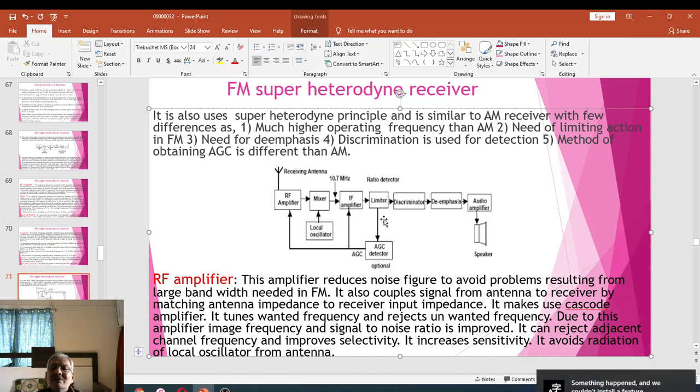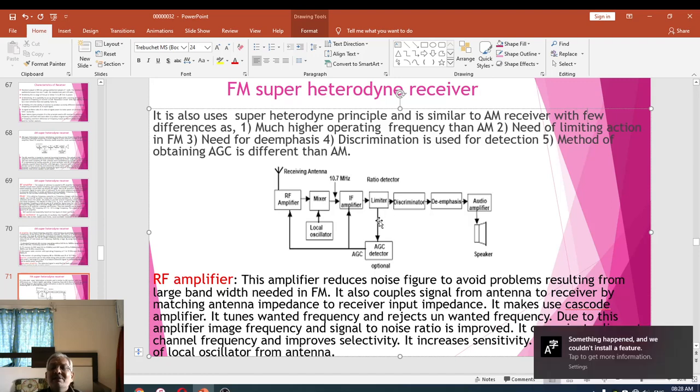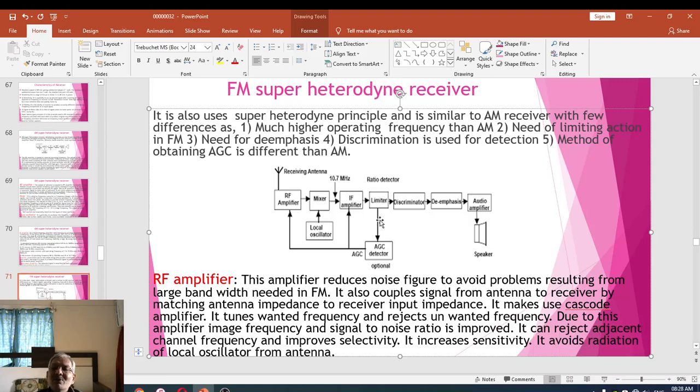Friends, the limiter circuit may be a clipper circuit, which we have already studied in BSc Part 2. So the clipped level of the signal is given to the next stage, that is known as the discriminator. It is a very important circuitry which is used in the FM superheterodyne receiver.